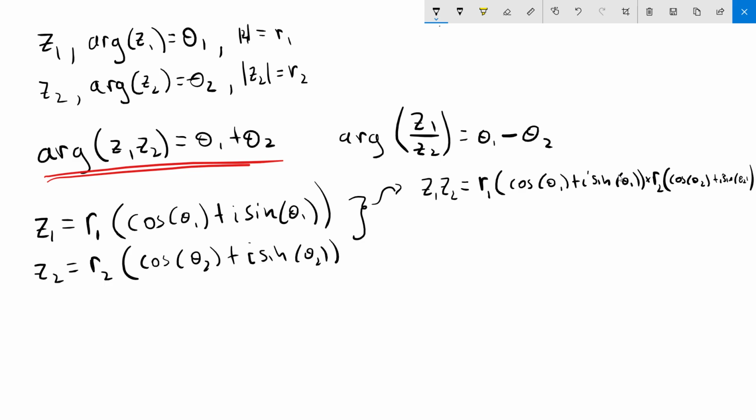Okay, well, let's expand this. We would get, coming up front, r1 times r2, and then we have to expand all these brackets, so we get cosine theta 1 times cosine of theta 2, right? And then we get plus i times cosine of theta 1 times sine of theta 2.